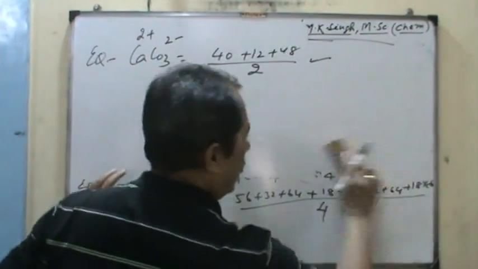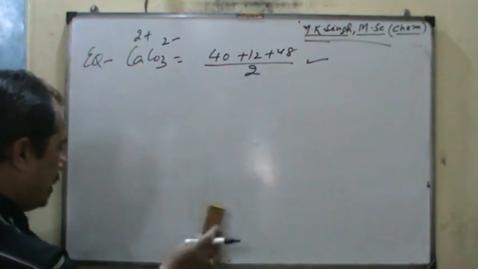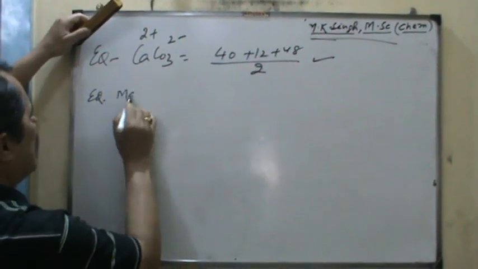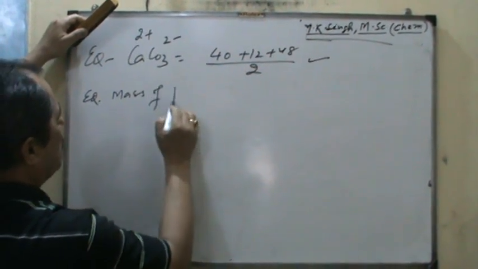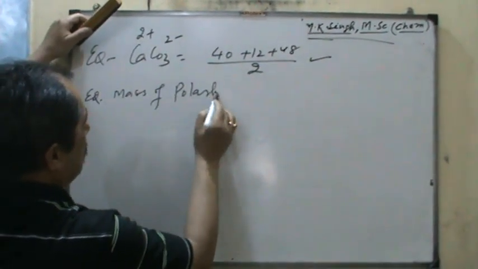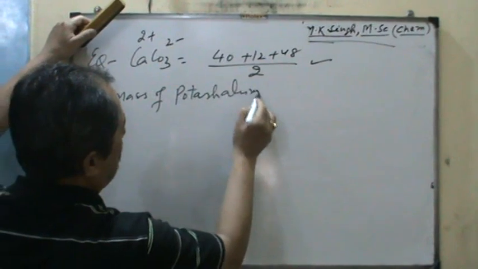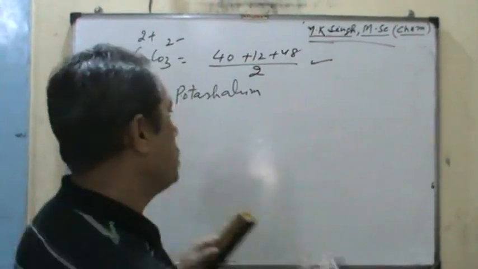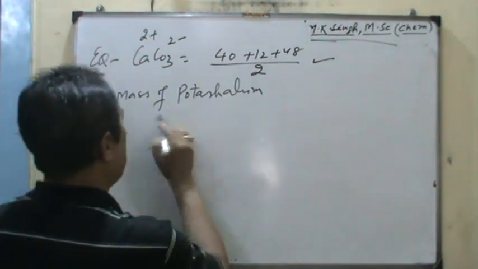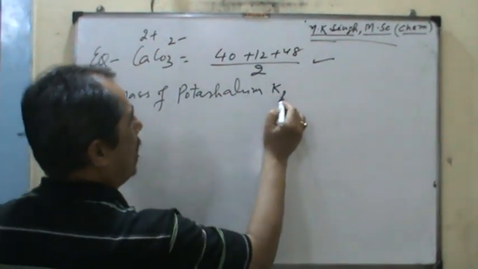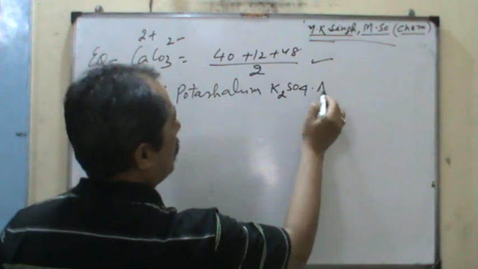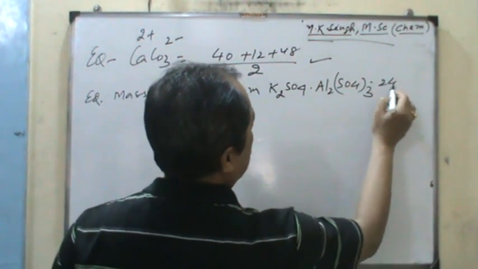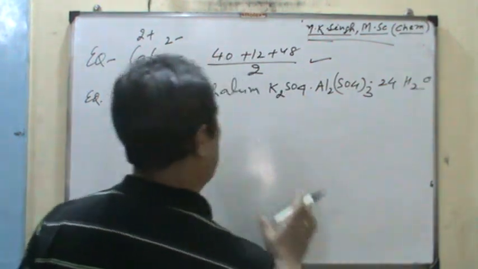The same way you can go for the equivalent mass of potash alum. Anybody can tell me the formula of potash alum? In Hindi it is called fitkari. It acts as an antiseptic. The formula is K2SO4·Al2(SO4)3·24H2O.